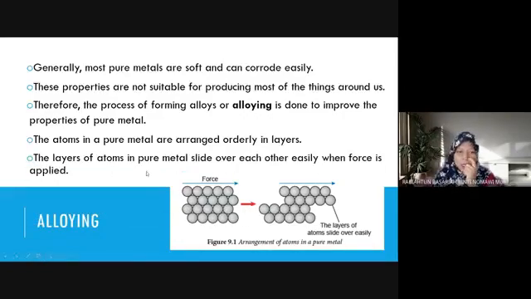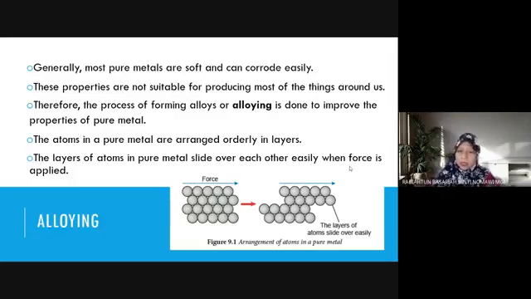So the layers of atoms in pure metal can slide over each other easily when force is applied. So when we give force, for example you have pure gold, 100%, and then you use force, you take an object and hit it. So the layers of atoms in pure metal can slide over each other easily, sangat mudah bengkok.